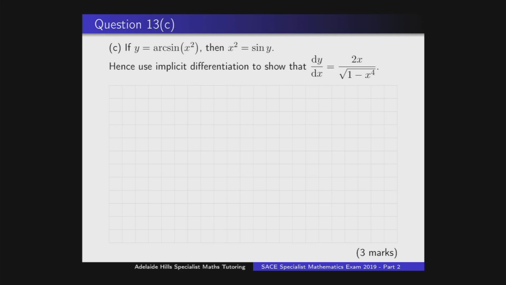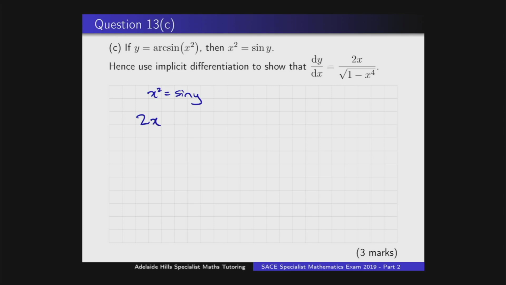Okay, now what we want to do in part C, it says that if y equals the arc sine of x squared, then x squared equals sine y. That's actually part of a step that we did in the previous question. Use implicit differentiation to show that dy dx is equal to 2x over the square root of 1 minus x to the 4. Okay, so we've got x squared equals sine y. And so when we differentiate that, we're going to differentiate with respect to x. And so the left-hand side becomes 2x.